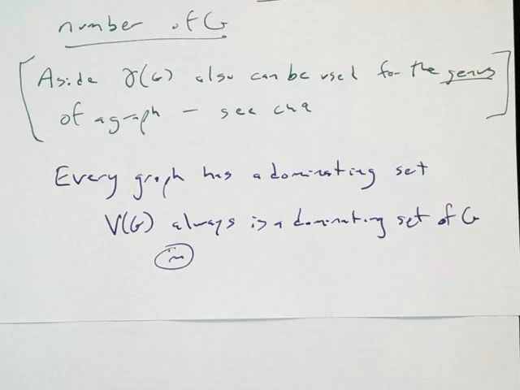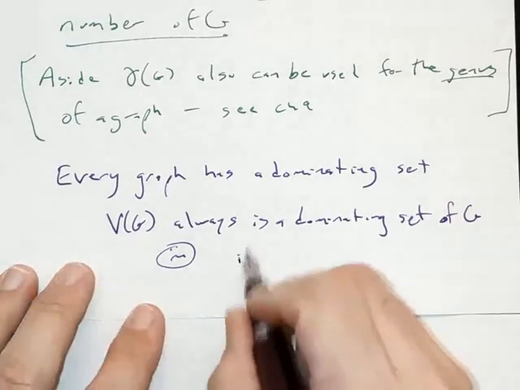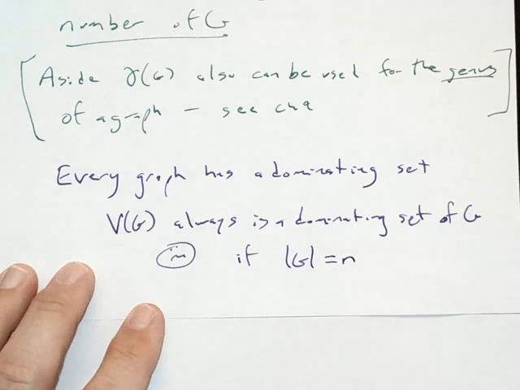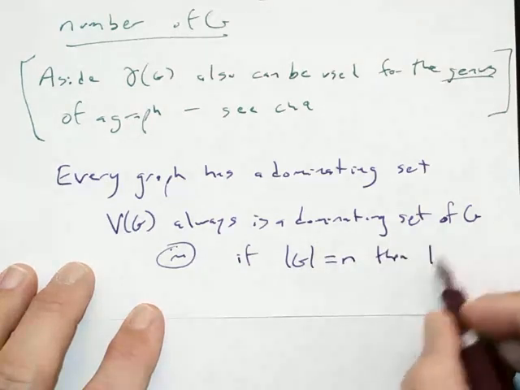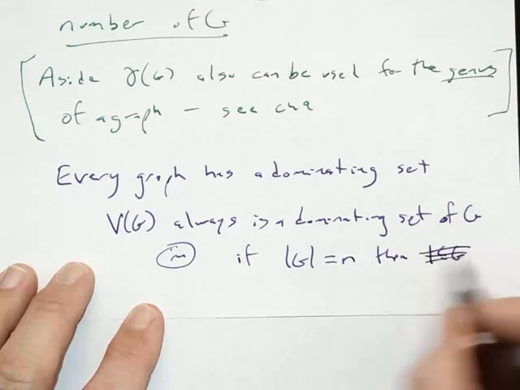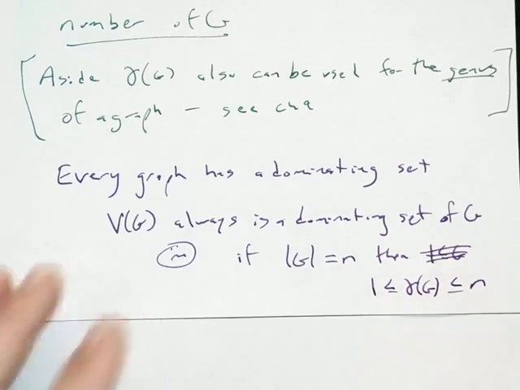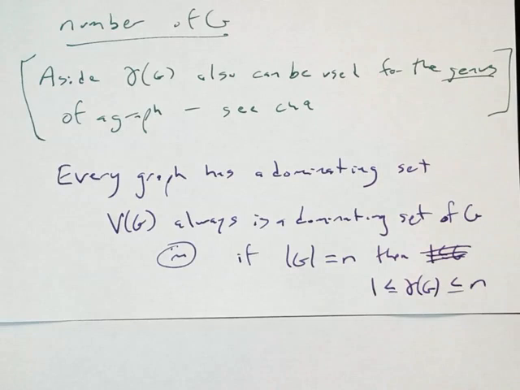And that means that if the graph is of order n, my domination number is somewhere between 1 and n. Okay, so let's look at the extreme case.